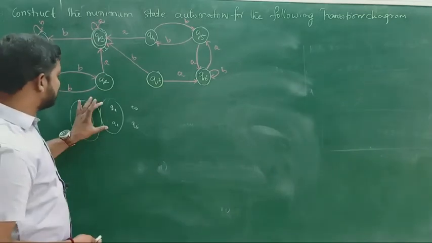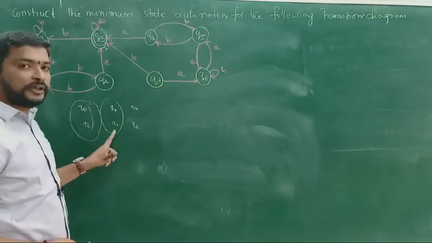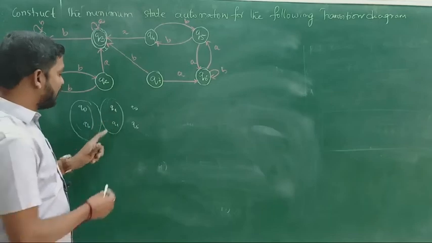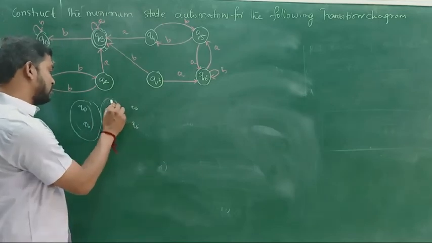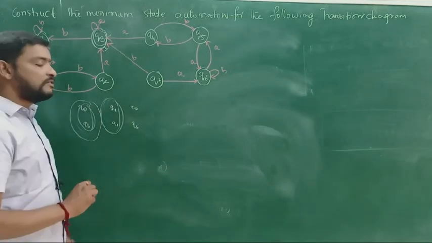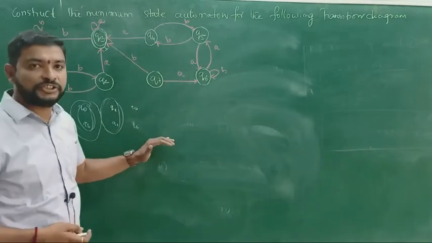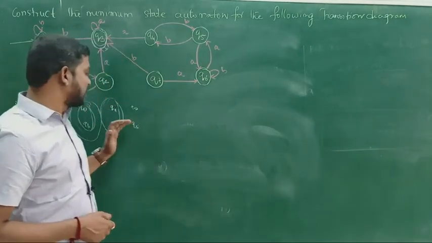States whose transitions are the same on the inputs, and whose next states are equivalent, that is called one state. We can find that from the transition table. So this is the second point.